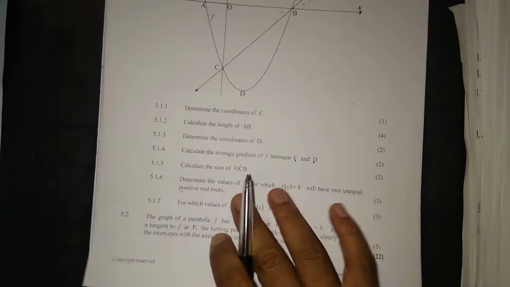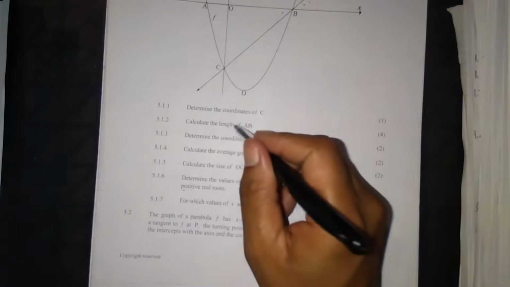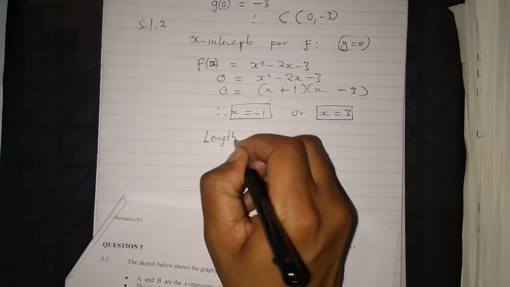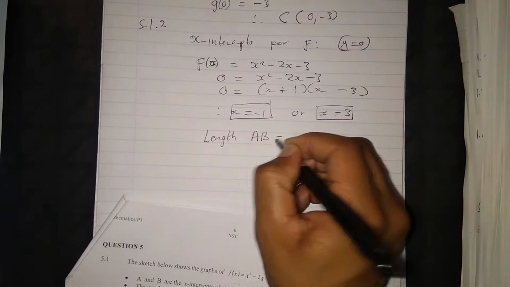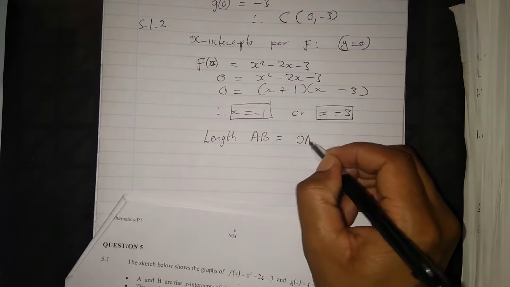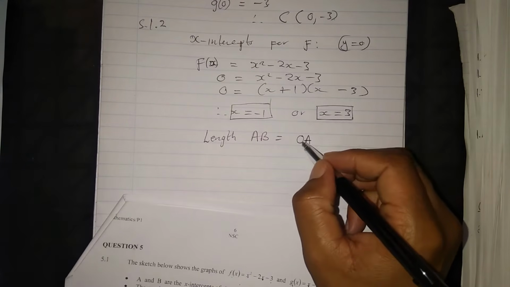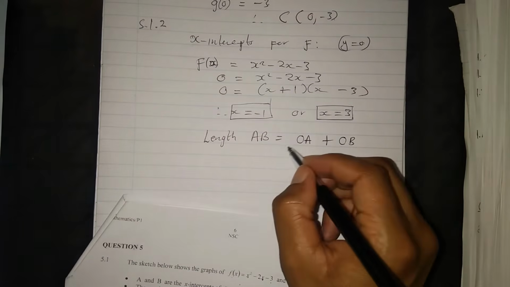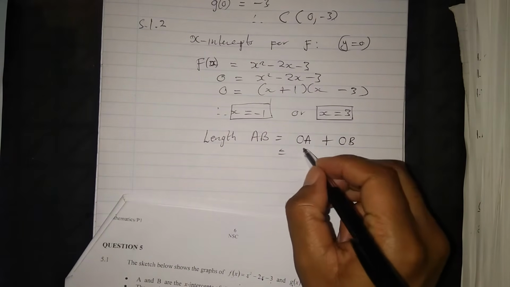Calculate the length AB. The length AB is equal to the length from the origin to A plus the length from the origin to B. Origin to A is 1.